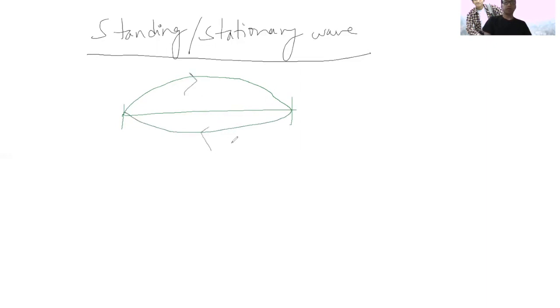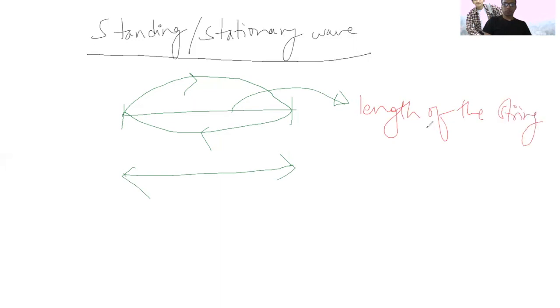Now, if you see, this wave is not moving at all because it is confined within these two fixed points in the string. So this is the length of the string, let it be represented by L. Within this length L, the wave is confined between two fixed points.